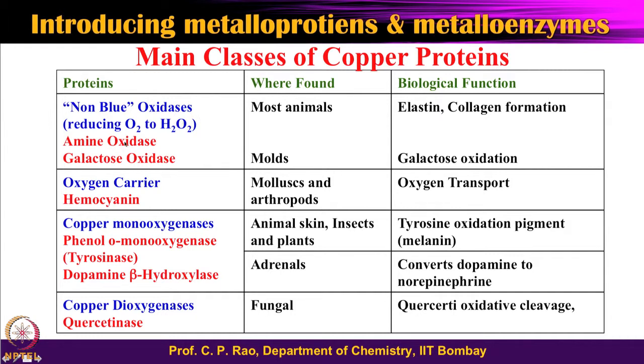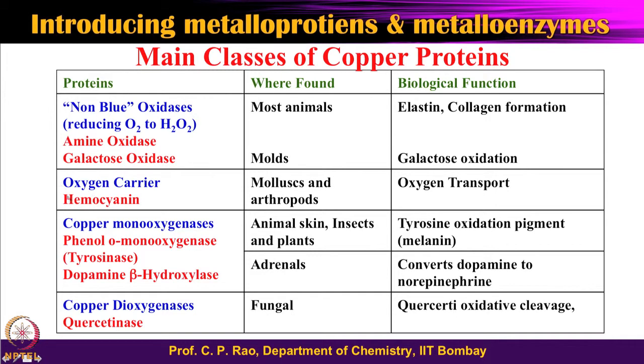This reduces O2 to H2O2, and amine oxidase and galactose oxidase are some examples of the non-blue oxidases. This means that they do not have the blue color centers that were there in the earlier case. And these are found in animals, molds, etc. They are involved in collagen formation, elastin formation, oxidizing galactose, so many of these kinds of reactions.